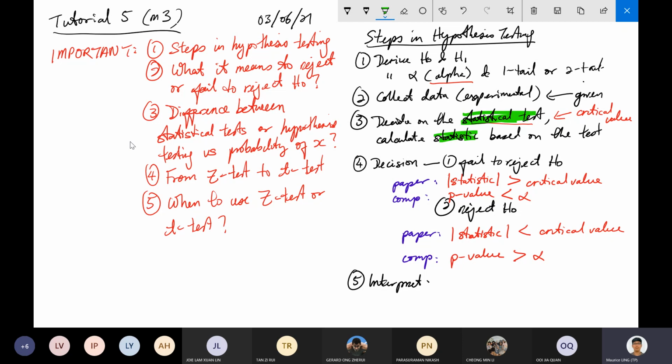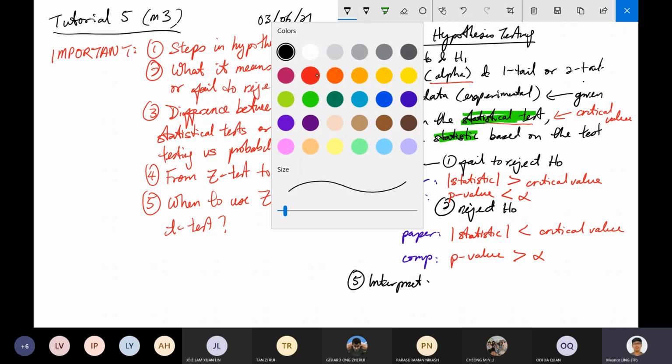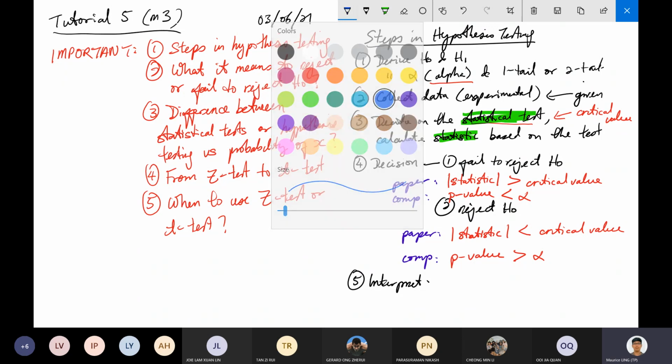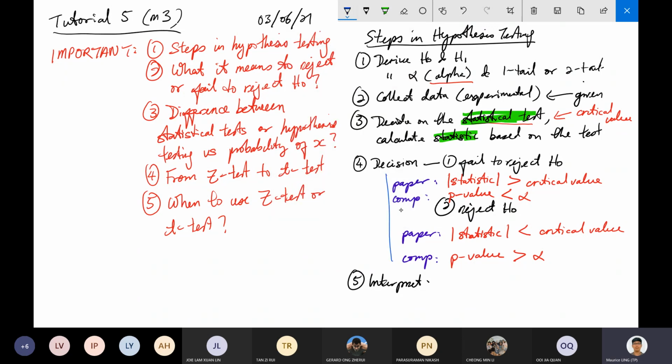In certain cases, you may even create your own statistical test. It's actually possible using this scheme. Very, very important: do not mess up the decision.